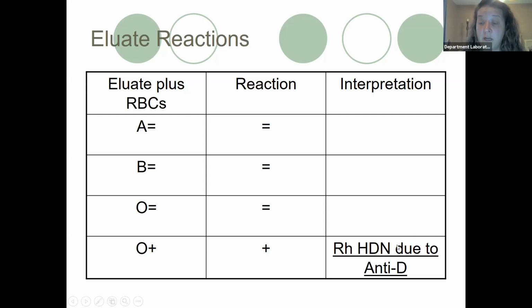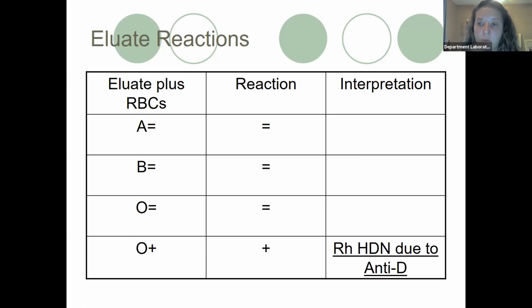So mom is Rh negative in this case. All right, so she has anti-D in her circulation. Baby is Rh positive, and mom's anti-D had attached to baby cells. We have eluted off that anti-D from baby cells, and now it is reacting with our O positive or D positive reagent cells. Okay.